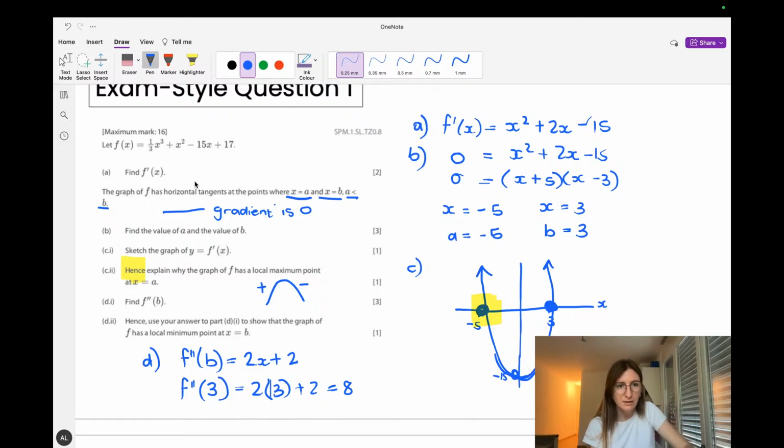Then use your answer. Again, we have a hence question. Hence, use your answer to part D to show that the graph of f has a local minimum. Remember what we said about the second derivative, that if we get positive or negative, and this is very much positive. This one. If this value is positive, that means we have a local minimum. So indeed, there is a minimum. Let me write it in here. That was dii.